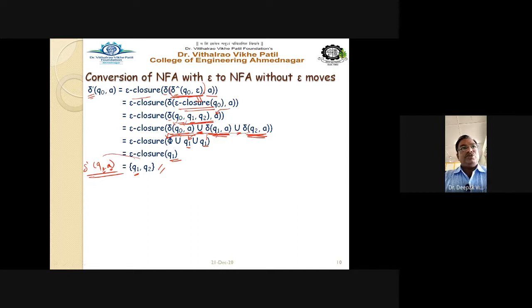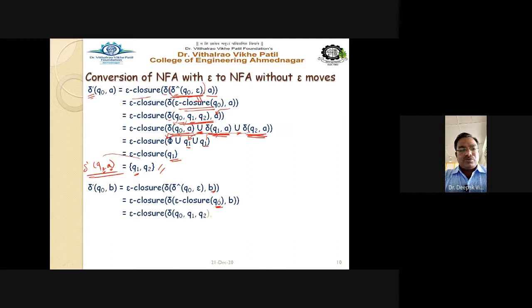Now take the next input q0 comma b. Delta cap q0 comma epsilon comma b is equal to e closure of delta e closure of q0, and e closure of q0 is nothing but your q0 q1 q2. So delta q0 q1 q2 comma b, and we have to split it.